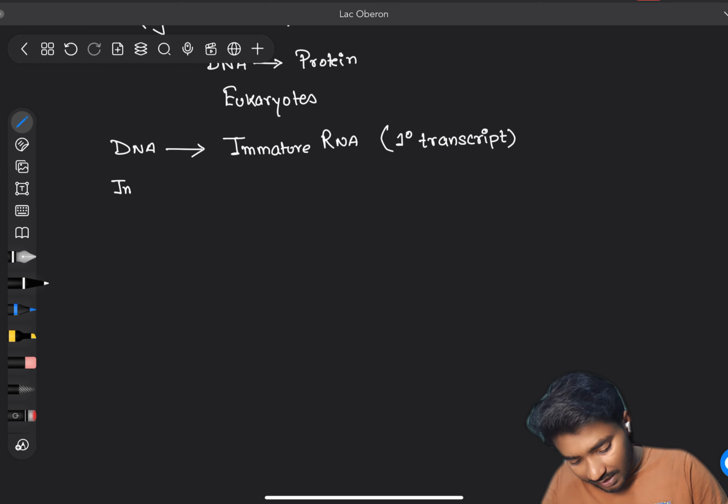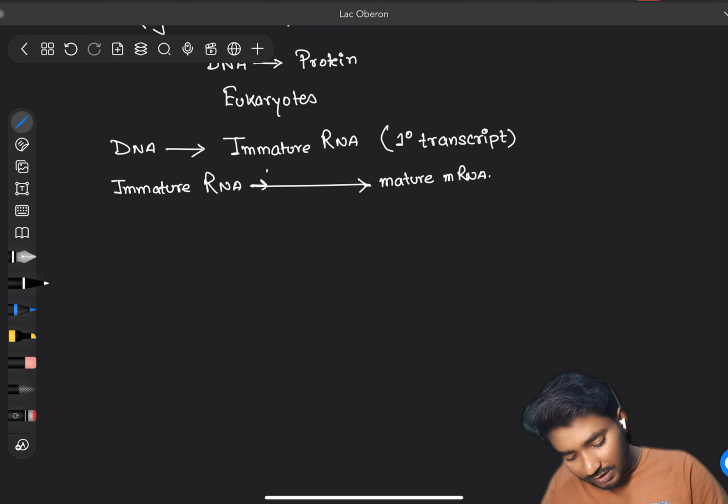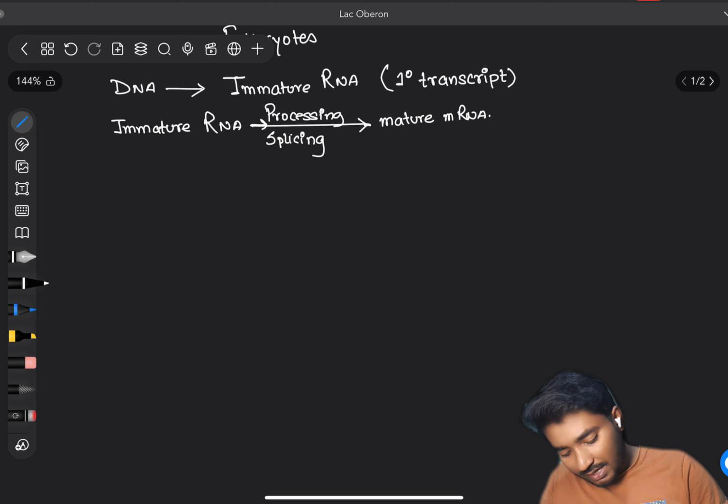Now the immature RNA moves to mature mRNA. In mature mRNA, processing or splicing happens.